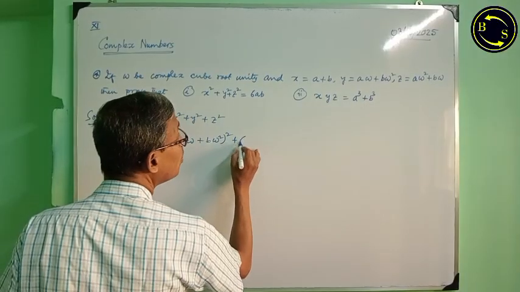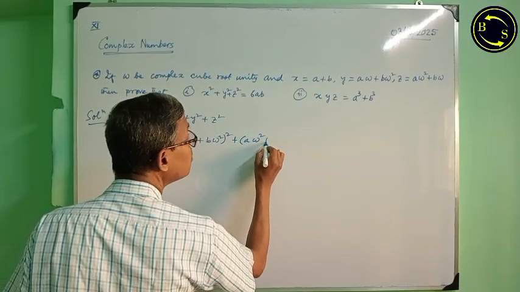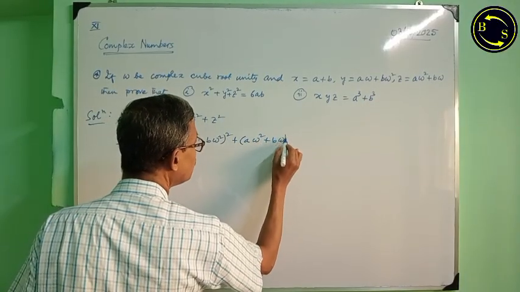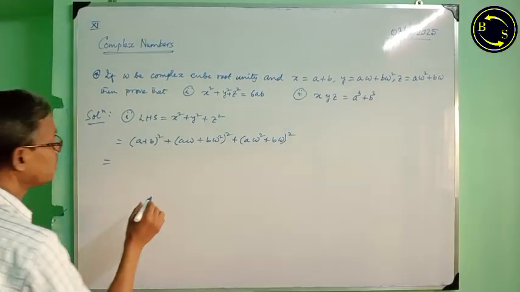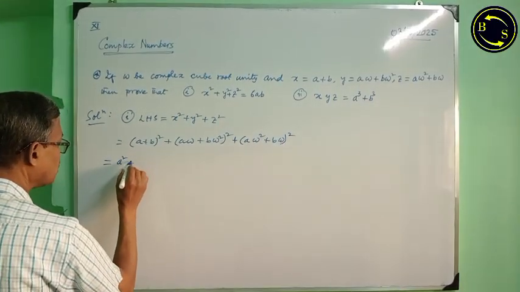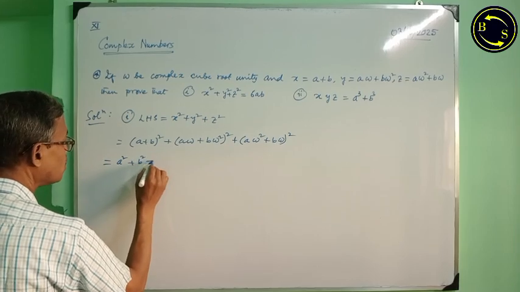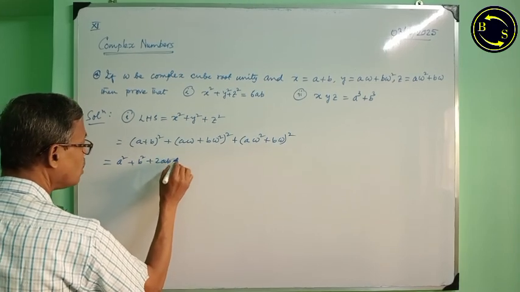Plus a omega square plus b omega, whole square. Use the identities: a square plus b square plus 2ab.